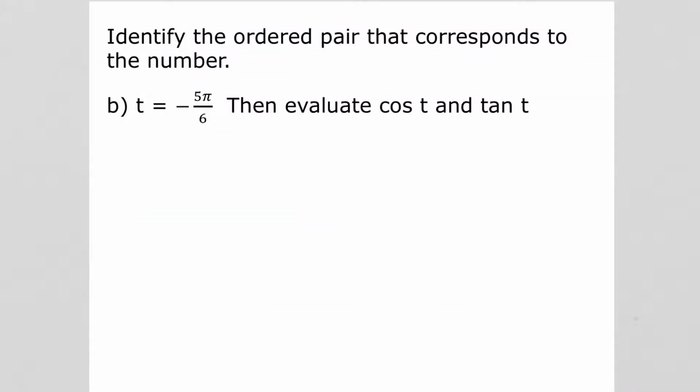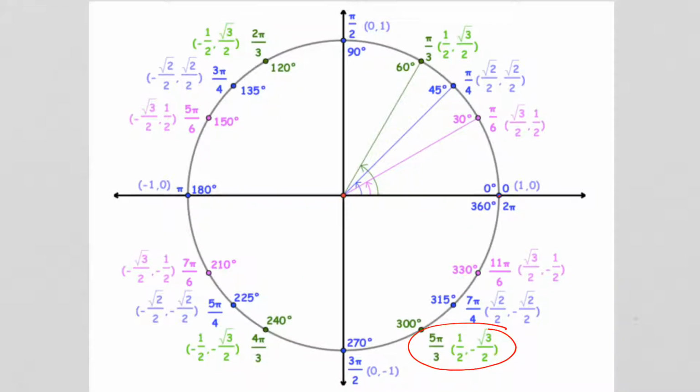Part B wants us to do one more. It says identify the ordered pair that goes with negative 5 pi over 6. Oh, so this one's negative. We've got to go in a different direction. So we can't just pick it up from here.